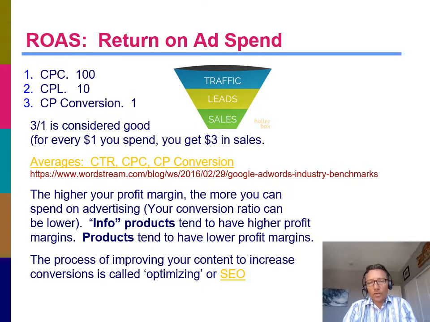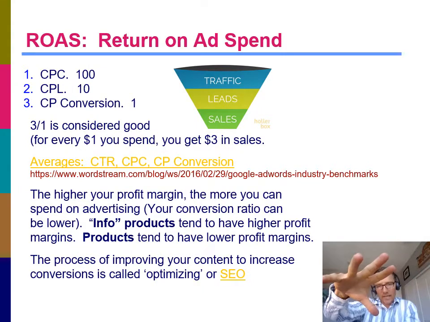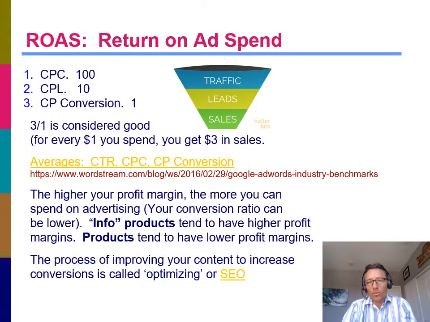So unlike traditional advertising, where you pay in advance for a print ad or a TV ad, and you hope that somebody sees it and you hope that somebody buys it, with digital advertising, you pay when they click. So there's some level of engagement with the ad, and you pay when they click. So let's say you're paying $1 per click.